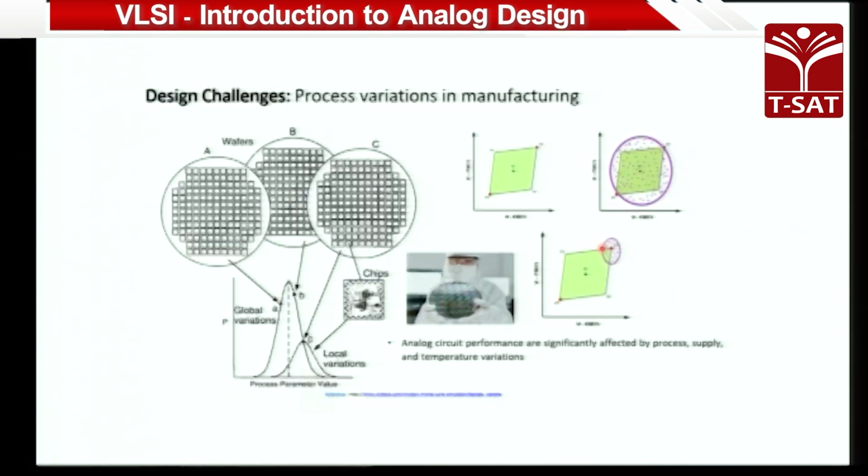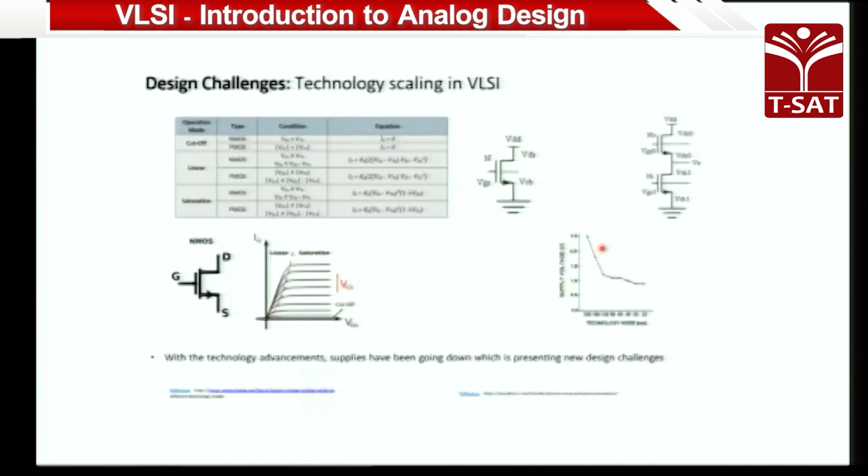These are design errors, and if you remember a few slides back, I was showing an industry survey report. It shows that design error is one of the major causes of multiple spins, right. So this is very, very important, guys. This understanding is needed from you if you want to go into the analog side.